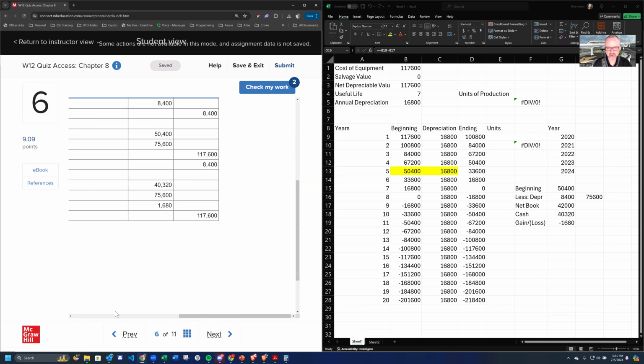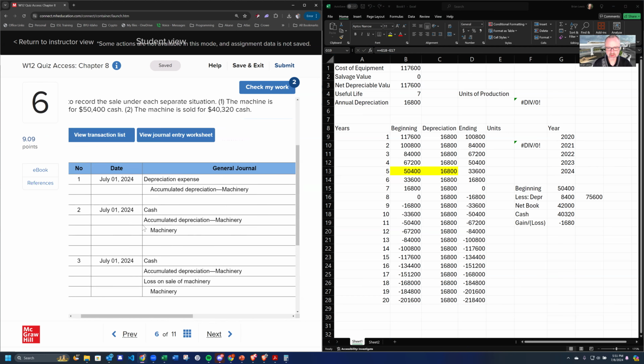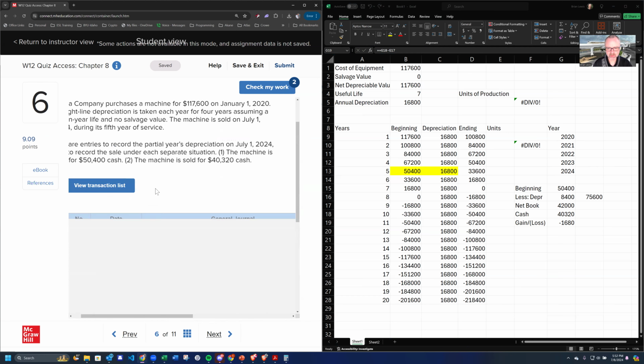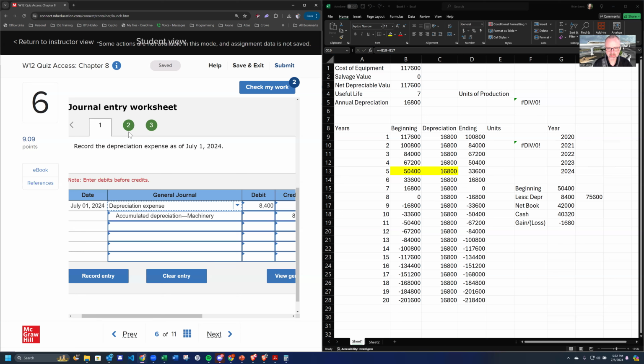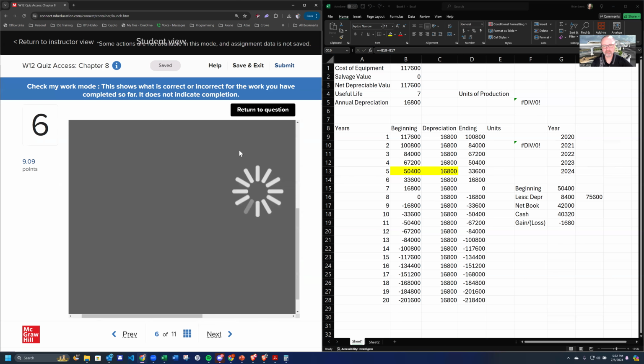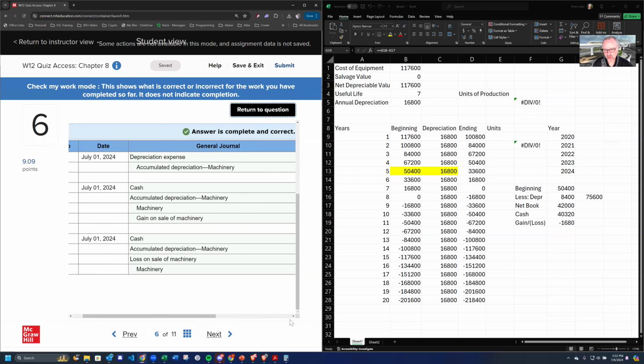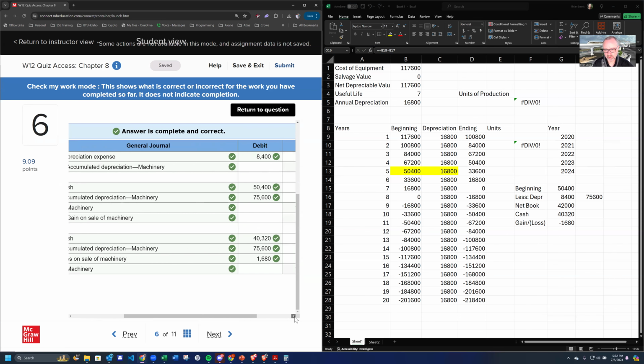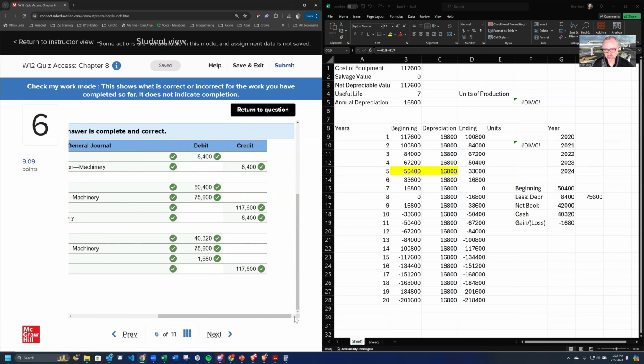Let's go back to this journal entry, view journal entry worksheet. We'll go back to here and let's do the gain on sale of machinery. There we go. Now let's check my work. Okay, now we do. Voila. All is good.